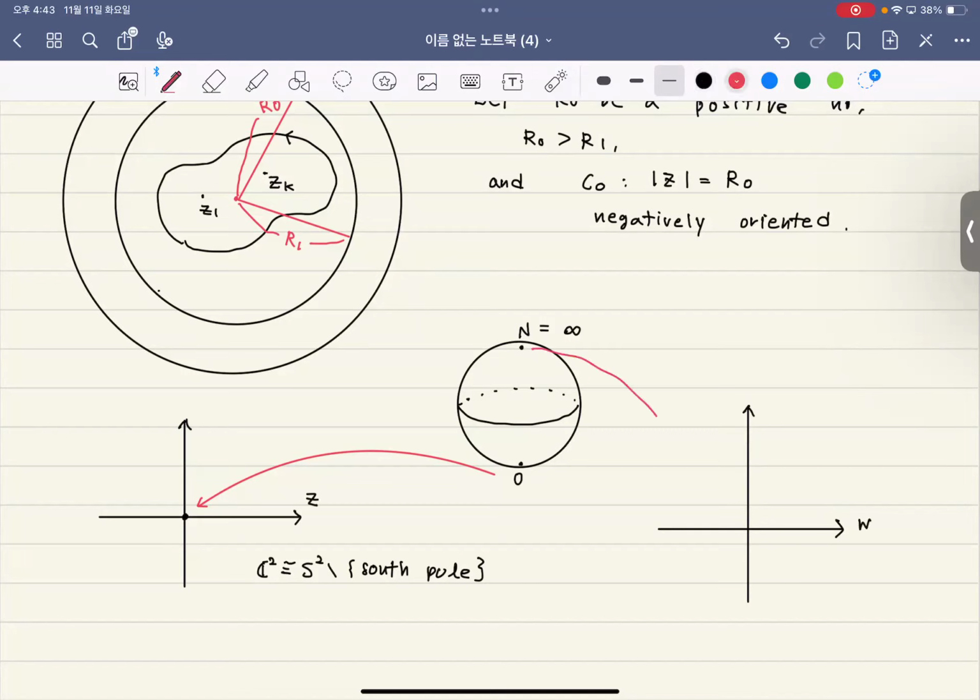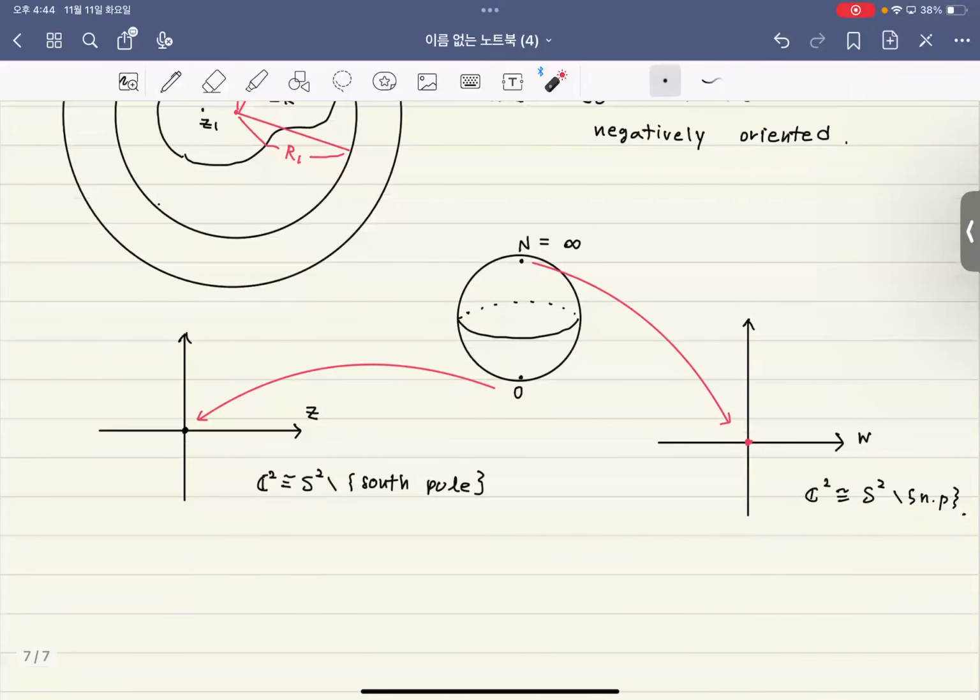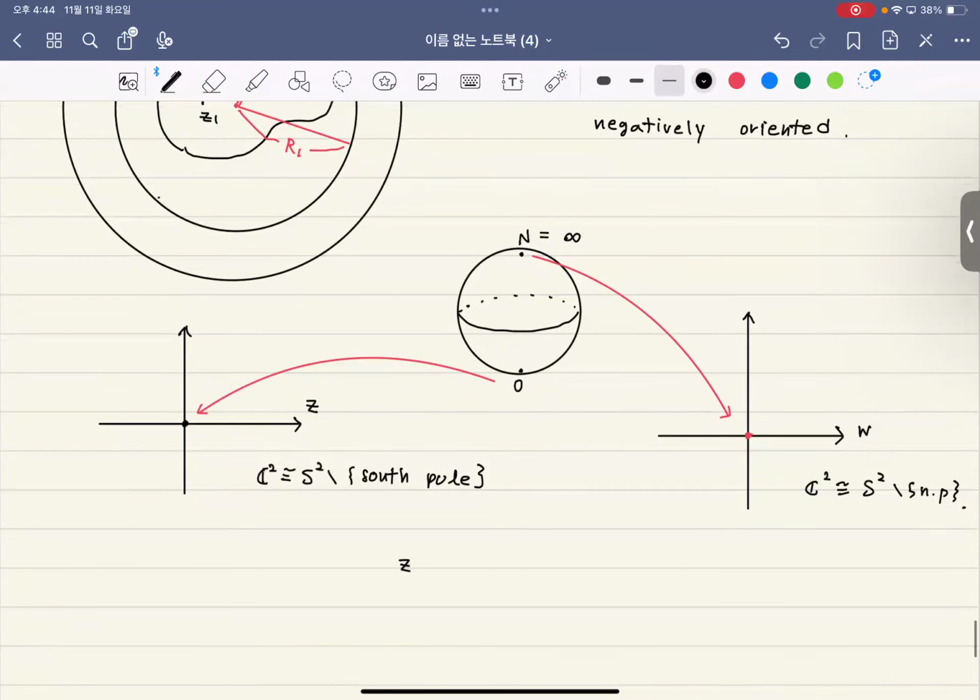And this point at infinity is now being mapped to the origin of another complex plane. This is, topologically, S2 minus the south pole. We have two different coordinates, z and w, and there is a rule of coordinate transformation, which is simply z equals 1 over w.